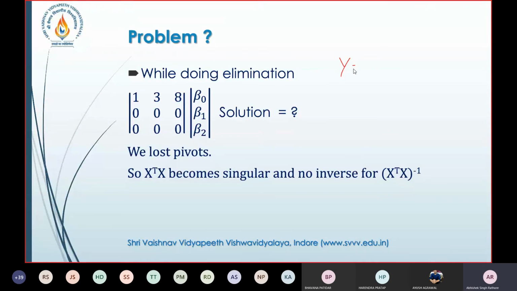Let's say y equals X transpose X, and this is my inverse, then X transpose y. So it becomes a singular matrix, and thus we can say that we don't have an inverse of this. So we don't have any solution for this matrix. Fine. Linear algebra में मैं इसको ऐसे समझा सकता था.